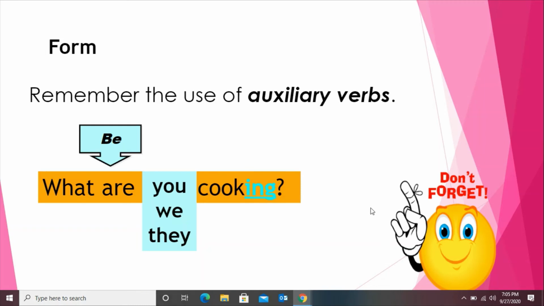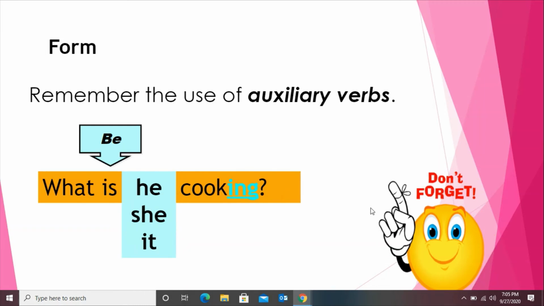They're married, okay? So if I am writing questions using a singular subject, then I'm going to use the form is, or which one for the past tense? Okay, yes, was. So what is he cooking? What is she cooking? Or what is it cooking?